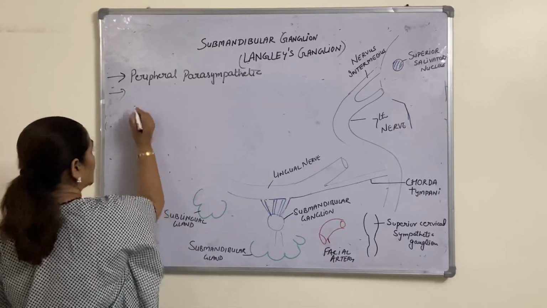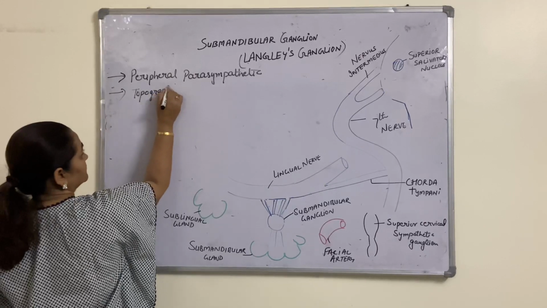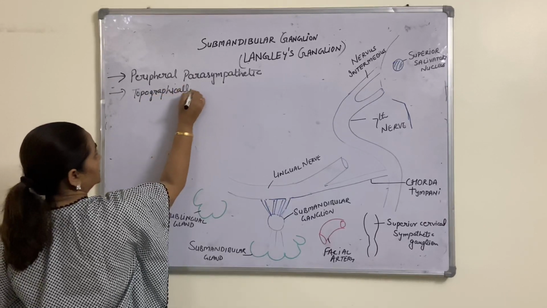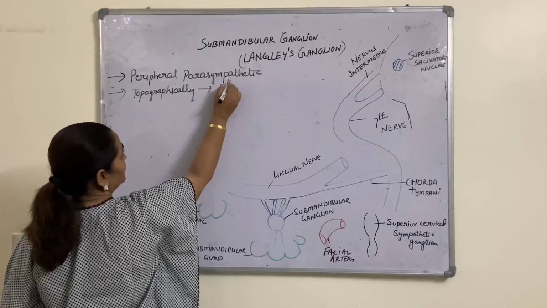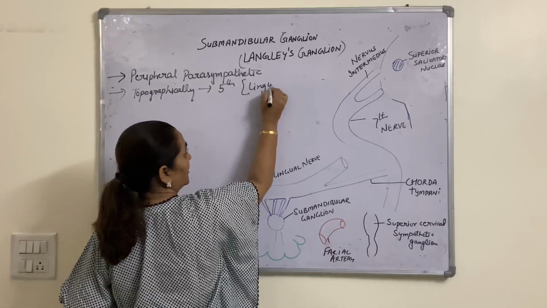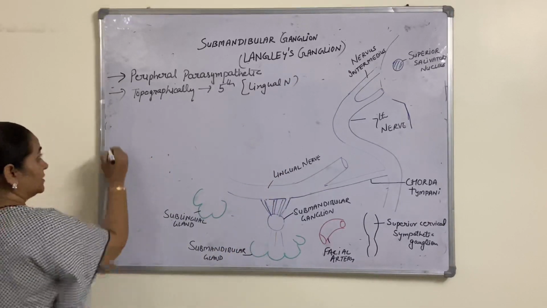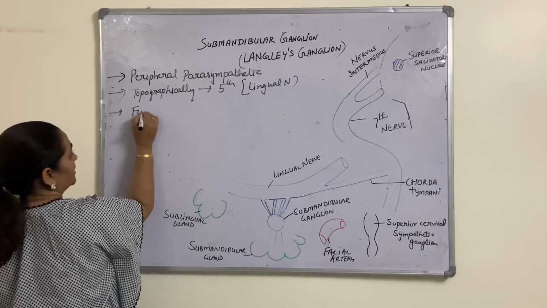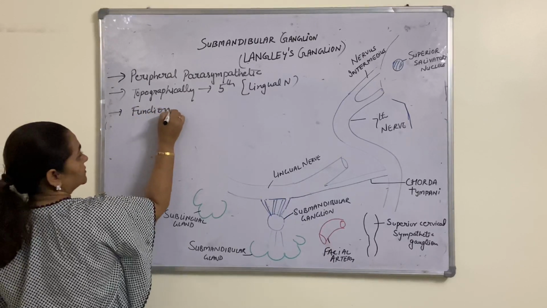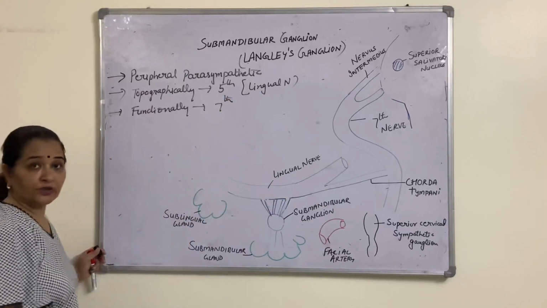Topographically, this ganglion is related with the fifth nerve. Which part of the fifth nerve? That is the lingual branch of the mandibular nerve. So that is important. Functionally, this ganglion is related with the seventh nerve. So that is important.